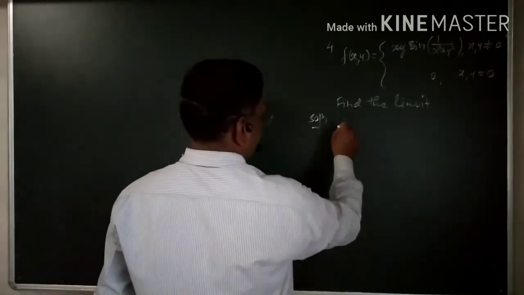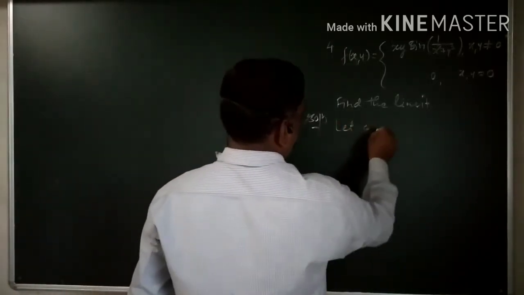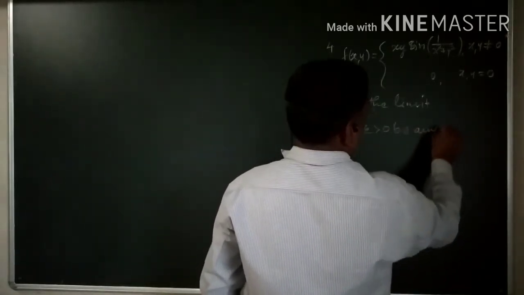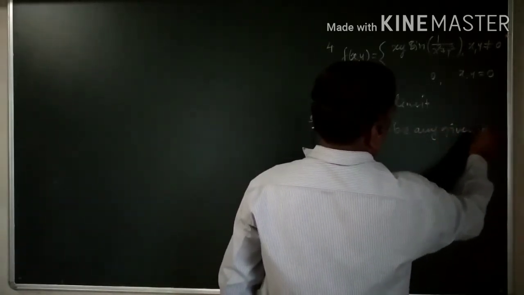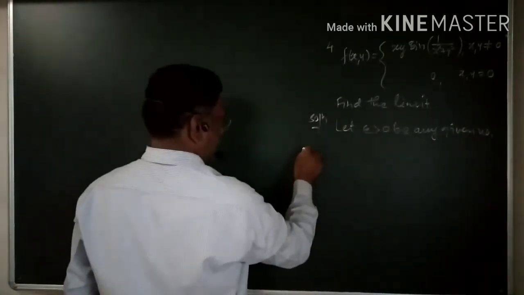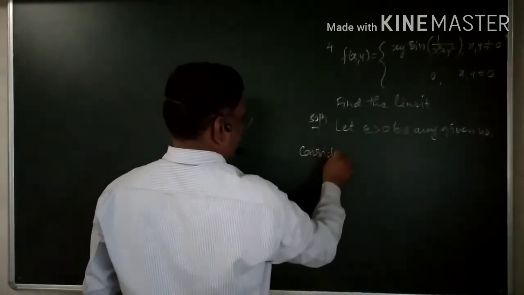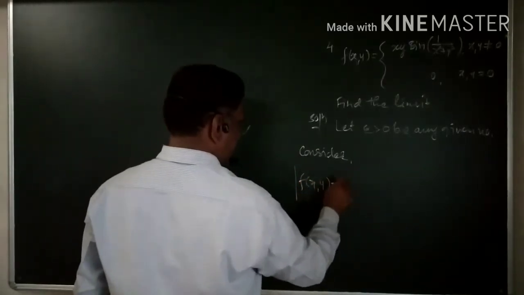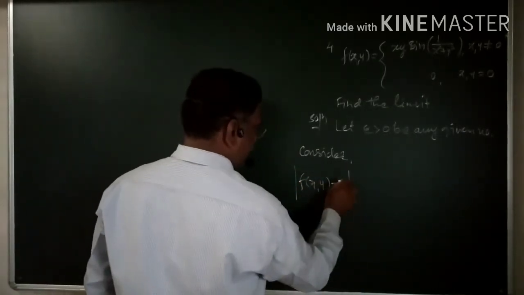As usual, let epsilon greater than 0 be any given number. Well, what do we do? Consider absolute value of f of x, y minus 0. Why 0?